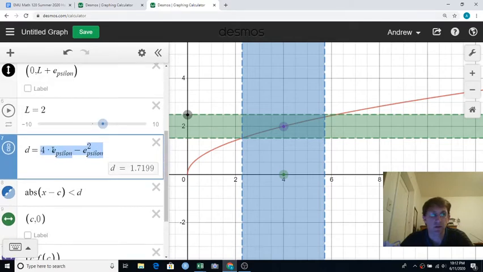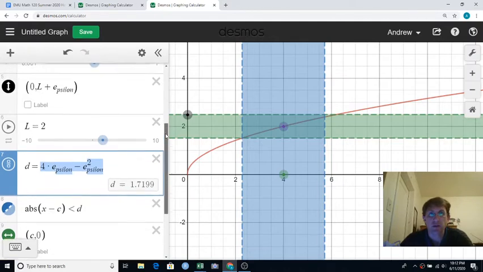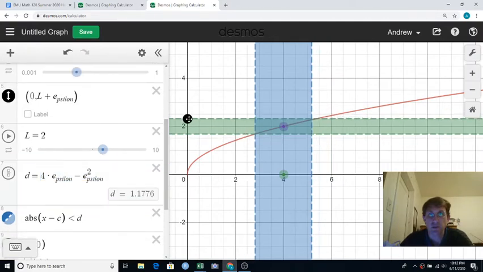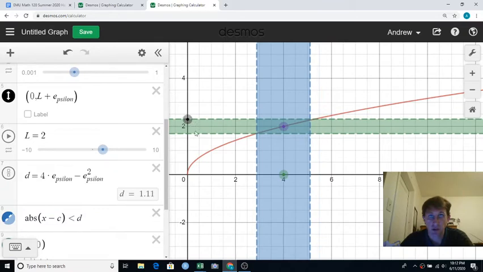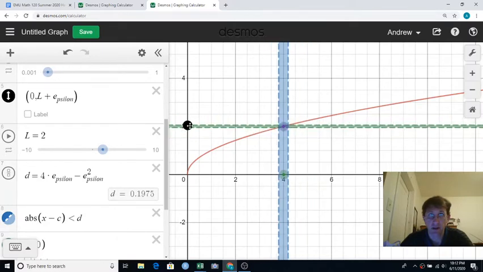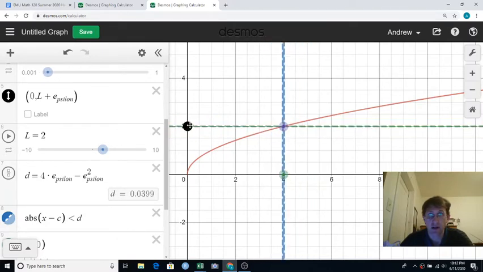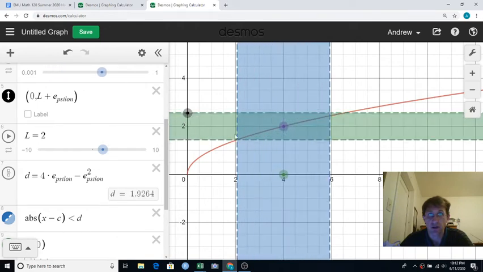That is a shortcut way, the Desmos way of writing the Greek letter epsilon. So because there's a nice relationship where the more I shrink the output tolerance, I can systematically match that with the input tolerance as the tolerance goes to 0, that shows that 2 is the limit of square root of x as x goes to 4.